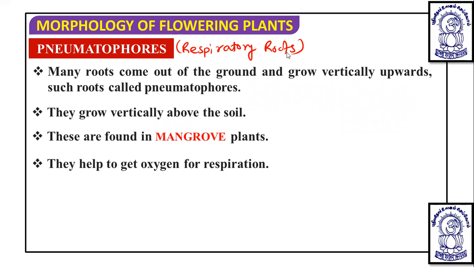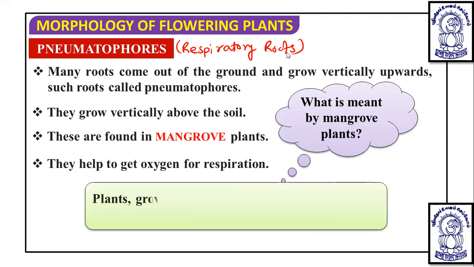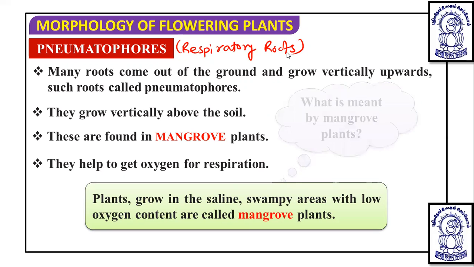So to get oxygen, roots arise from the root branches, grow negatively geotropically, obliquely upward, and come outside the soil, through which they get oxygen. Now, what is meant by a mangrove plant? Plants that grow in saline, swampy areas with low oxygen content are called mangrove plants. In these mangrove plants, pneumatophores are found.